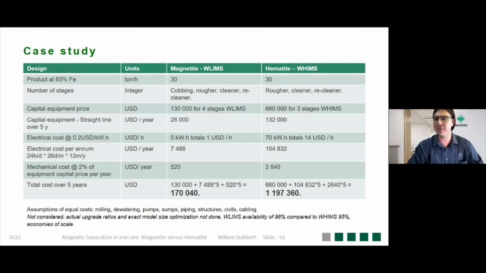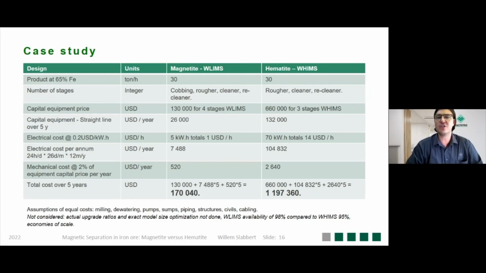Wet high-intensity magnetic separators also have rotating components, but we also need electromagnetic coils to power up and provide the magnetism. And these coils are quite energy intensive at 70 kilowatt hours, totaling $14 per hour to run.